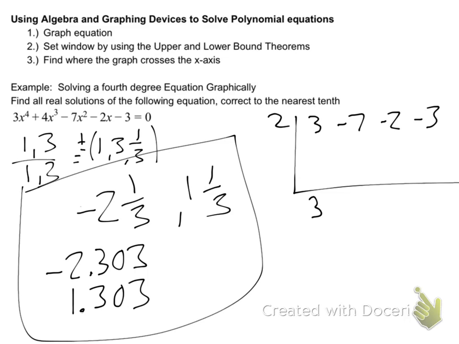I forgot the 4? Yeah. Oh, thank you. It's 3, 4, 7, negative 7, negative 2, and negative 3. We should result in all positive numbers.